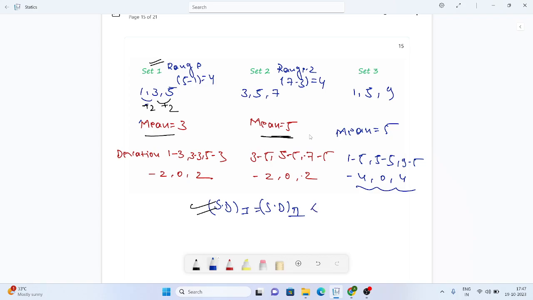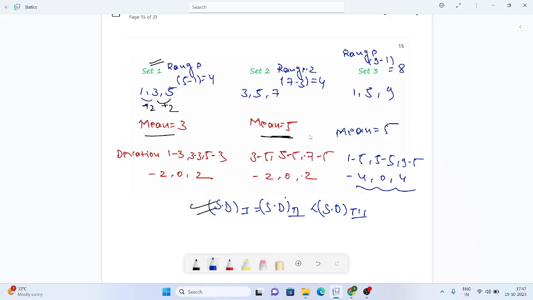So the standard deviation of the third is more. And if you calculate the range here, 9 minus 1 is 8, so the range also increases. So we can say that standard deviation partially depends on range and does not depend on mean, right?